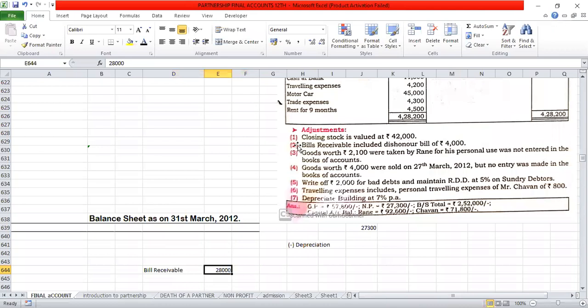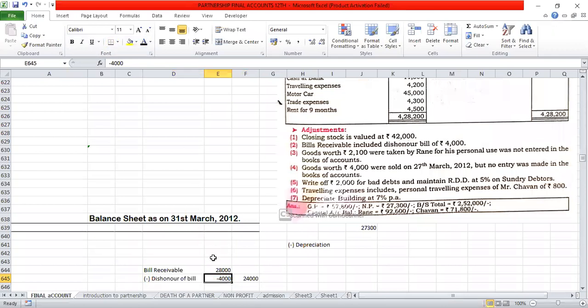Then adjustment number 2, we have that bill receivable included dishonor of bill. The dishonor means the bill becomes worthless. So we will deduct that 4,000 rupees from bill receivable. That means 28 minus 4, that comes to 24,000.